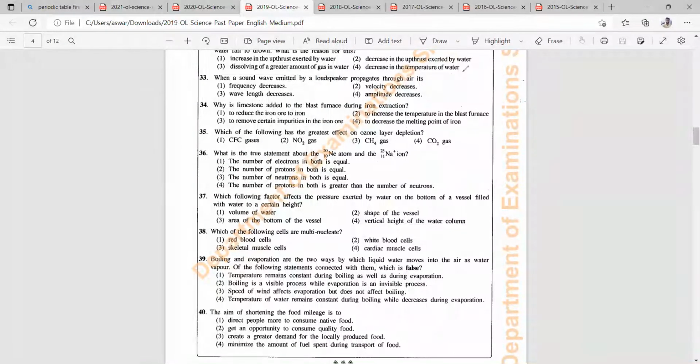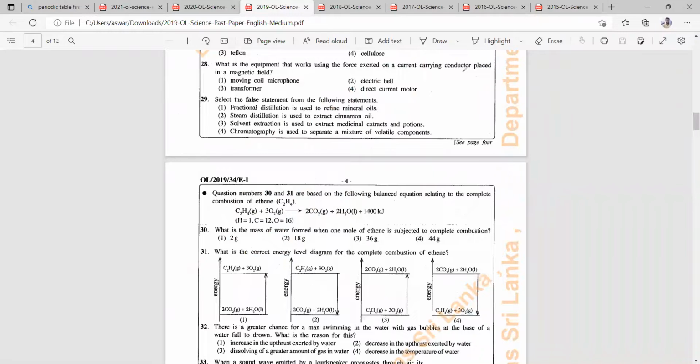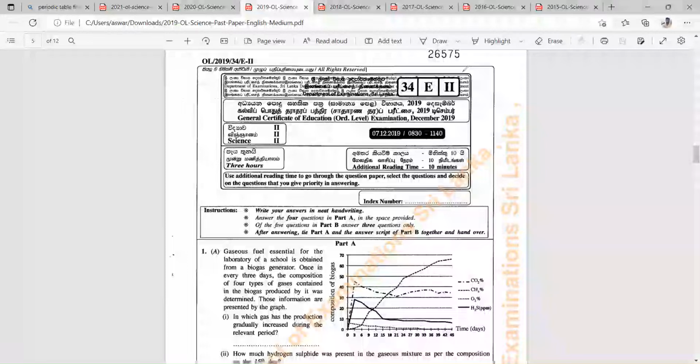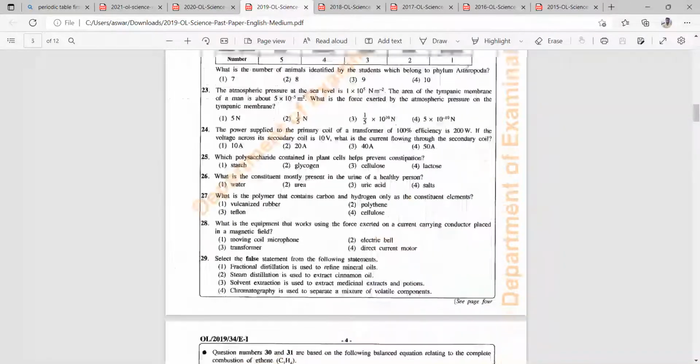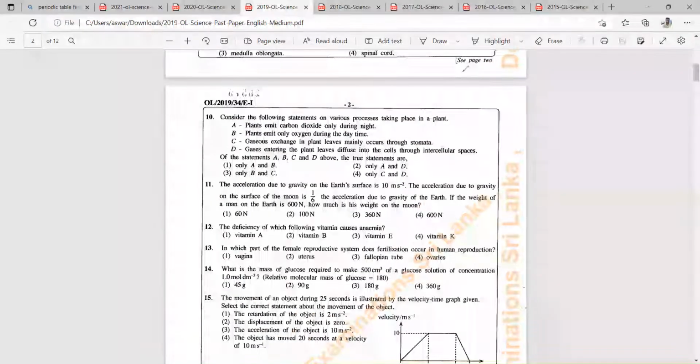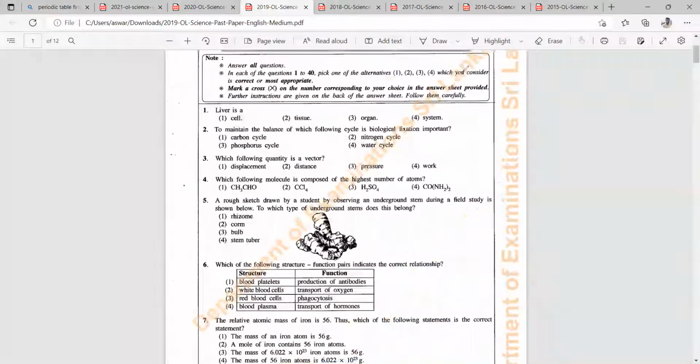Right. 2019 also there is no question. You also search for the question in 2019. Right. Okay.